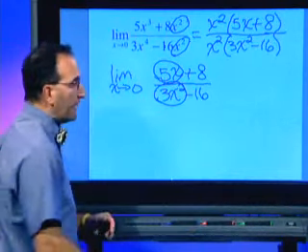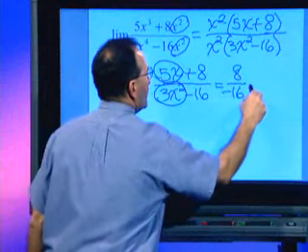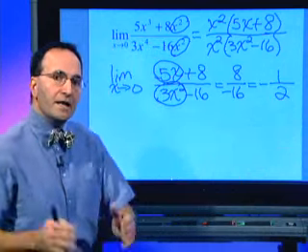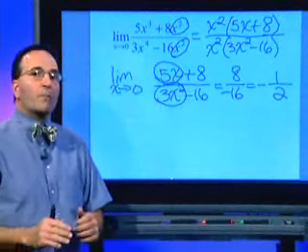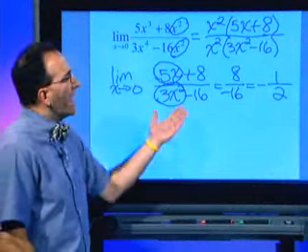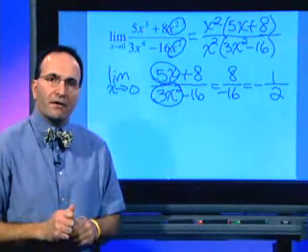So what we'd be left with is 8 over negative 16, which of course reduces to negative 1/2. So sometimes it's important to look at it graphically and then algebraically, or sometimes it might be the other way around.